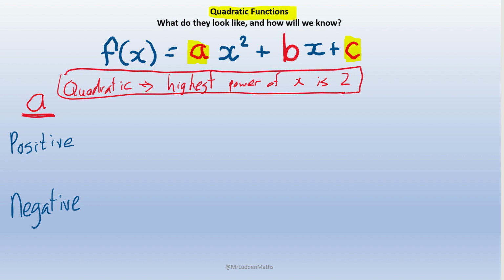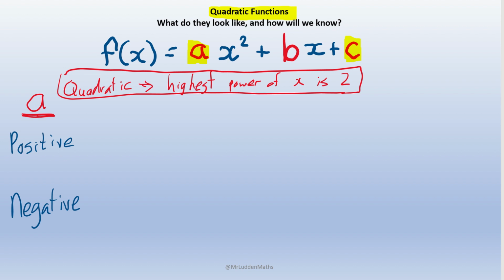In other words, it has an x squared in it, and it doesn't have anything higher than x squared. It doesn't have an x cubed, it doesn't have an x to the power of 4, it doesn't have an x to the power of 1 million, for example. So that's how you know that this is a quadratic, because it's going to have an x squared in it.